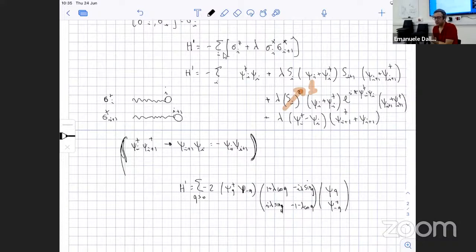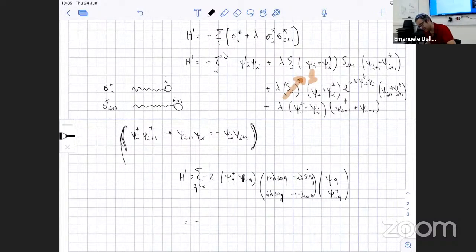Now, if this reminds you of what we have seen last week, actually this is not at all by chance. We can write it as a sum over q of a vector d_q dotted with a sigma vector, as we have done before. Think of this matrix as a spinor.